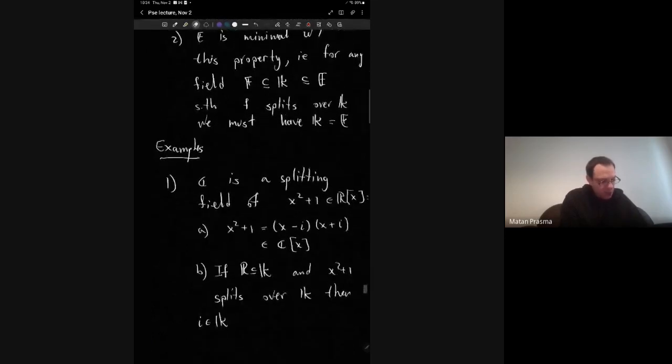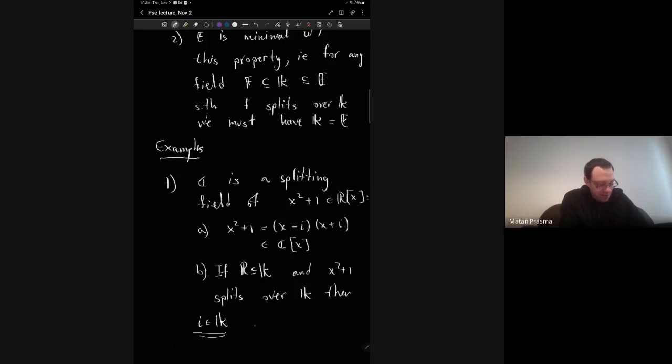Okay, so just to return to this example of the complex numbers, how do I show minimality? I mean, splitting is very easy. Well, if I have a field over which x squared plus 1 splits, then this field has to contain i.